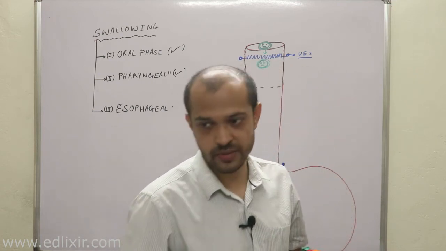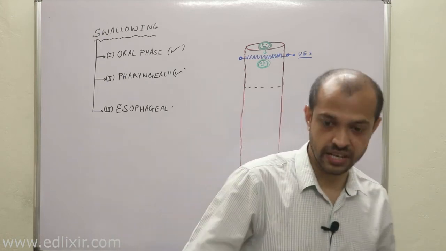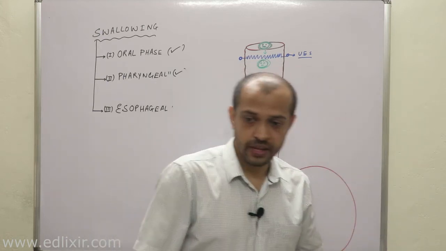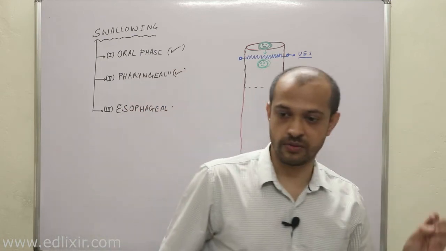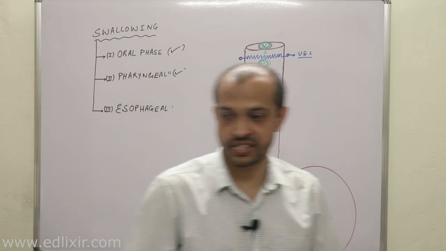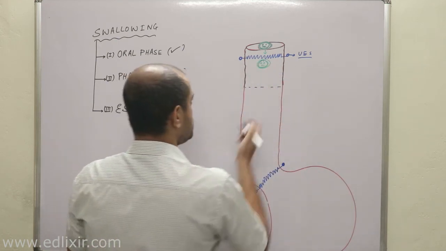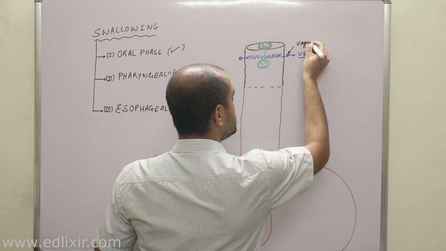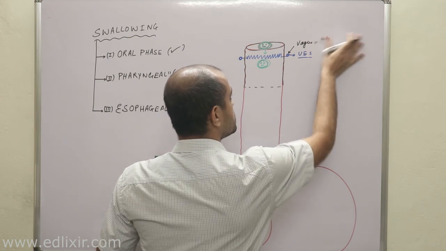If you don't know what the myenteric plexus is, please do watch the first part of the video, on the enteric nervous system, where we discussed in detail the myenteric and Meissner's plexus. Okay, now listen. This sphincter is under the control of the vagus.